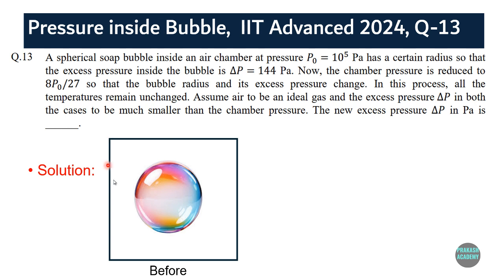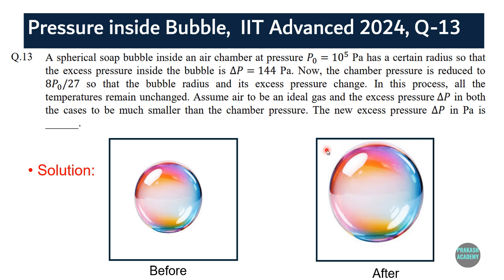So we have this air chamber, and inside this chamber we have a soap bubble. Pressure inside this air chamber is P naught, and excess pressure inside the soap bubble is delta P. Now the chamber pressure is reduced to 8 P naught by 27, so that the bubble radius and its excess pressure change.